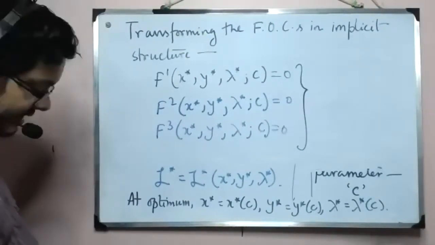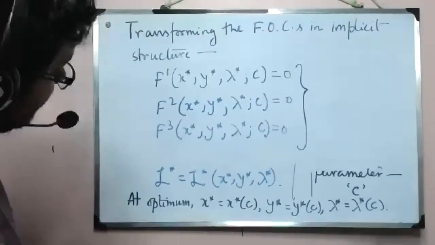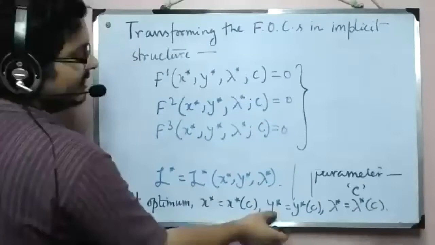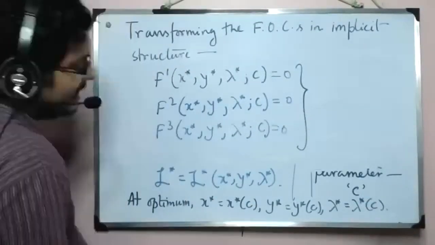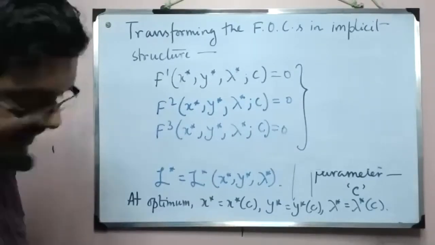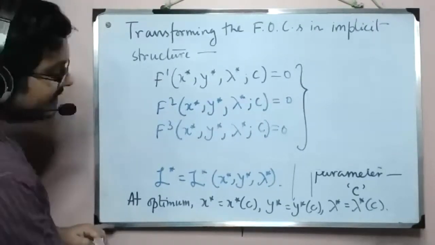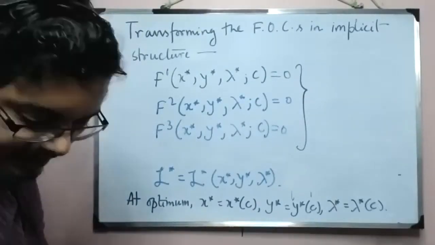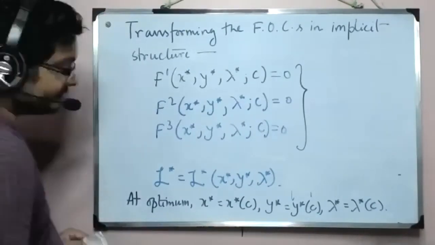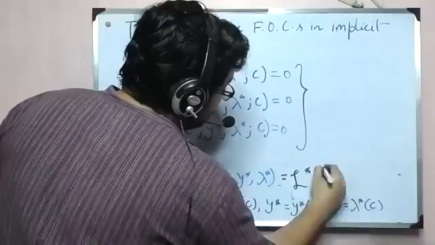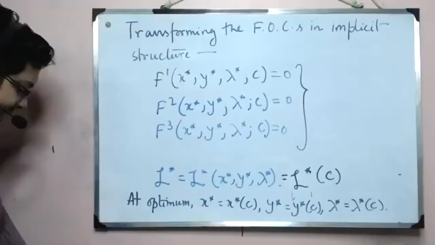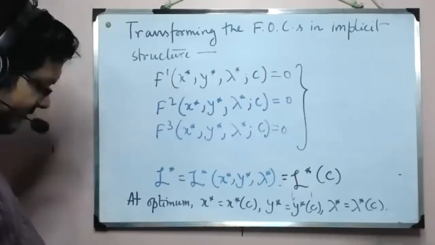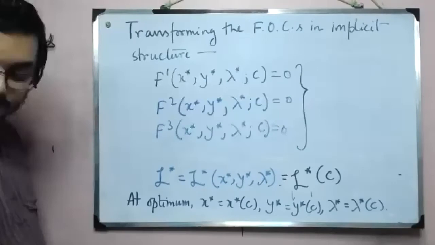What we are going to do is first say that, given that x star is x star of C, y star is y star of C, and lambda star is lambda star of C, then script L star, which is script L of x star, y star, and lambda star, can be written as script L star of C. And then we will simply differentiate.